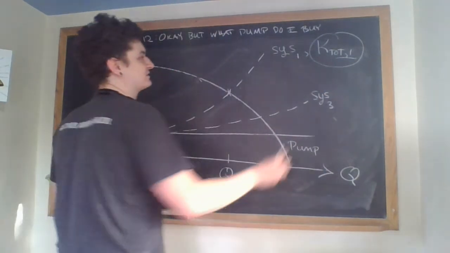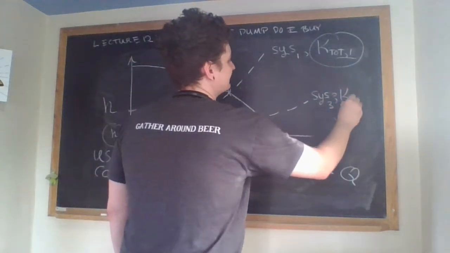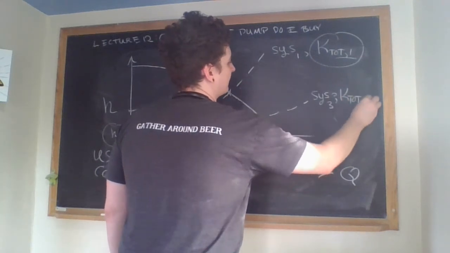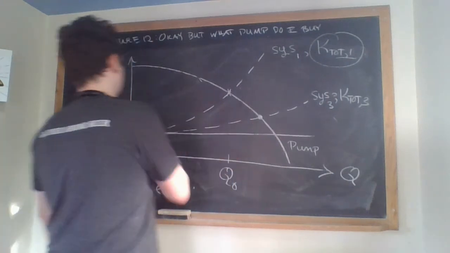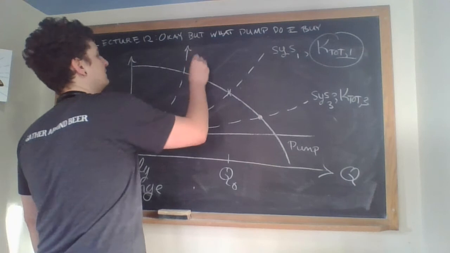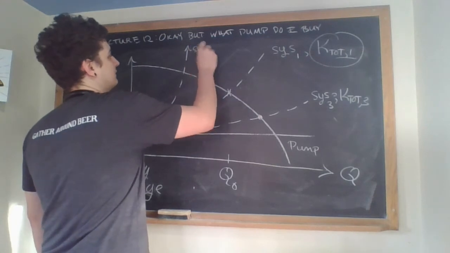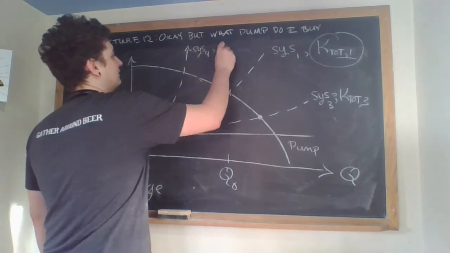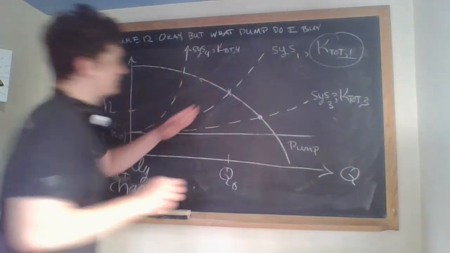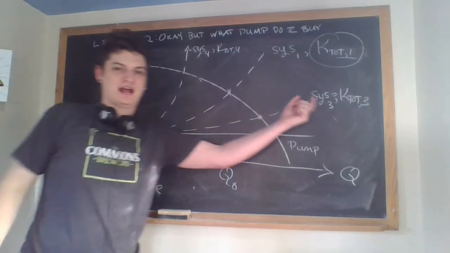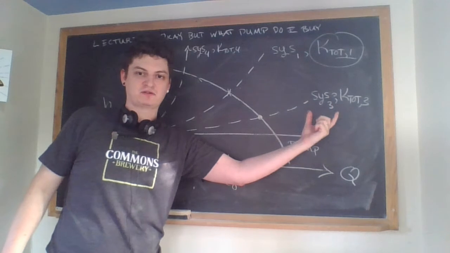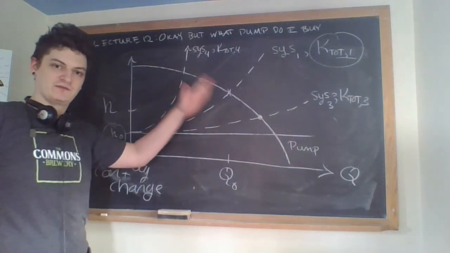So the other thing I could have is sys 3. This is the third system operation, and this has some K total 3. Now I've changed only the resistance terms, based on flow and pipe dimension parameters, and you can change the curvature of your system plot.